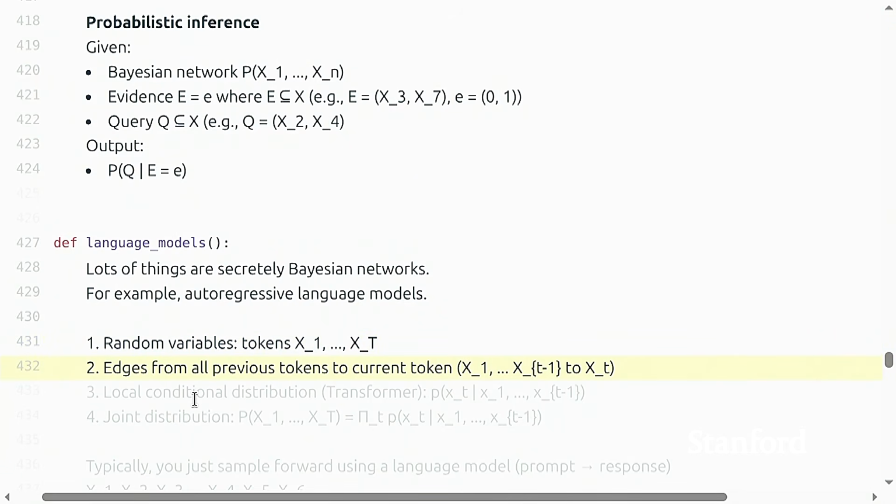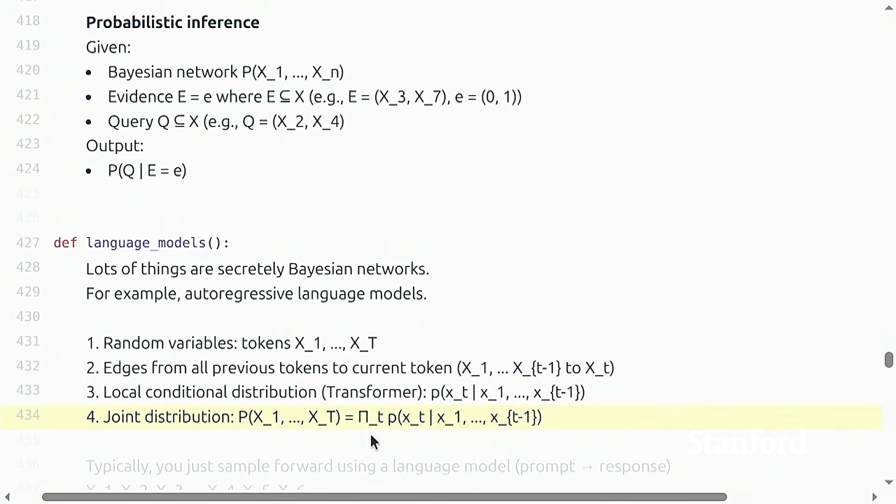There are edges from all previous tokens to the current token. The local conditional distribution is given by a transformer, usually, in language modeling. And the joint distribution is still the same: a product of xt given all the previous x's.